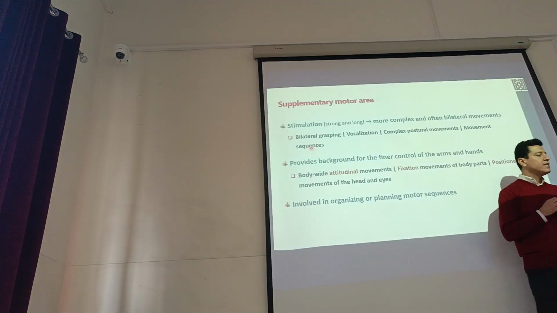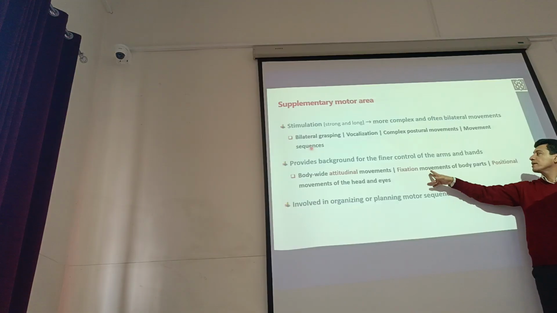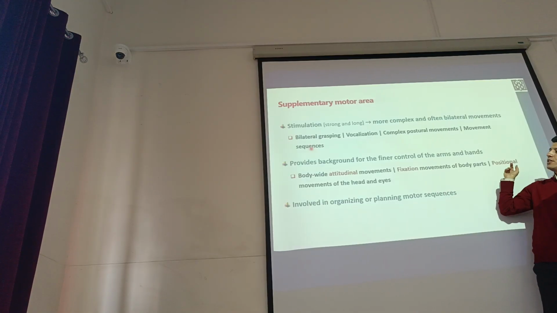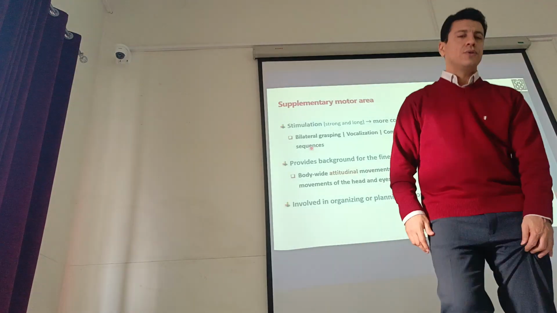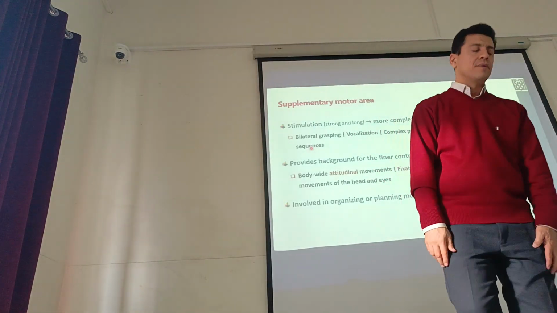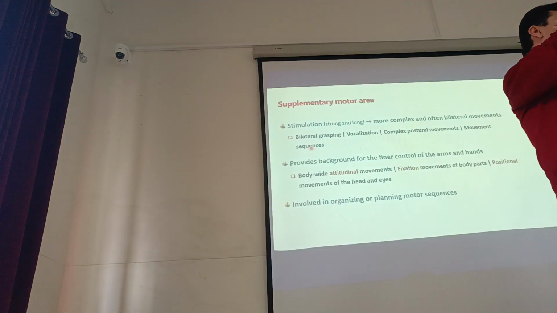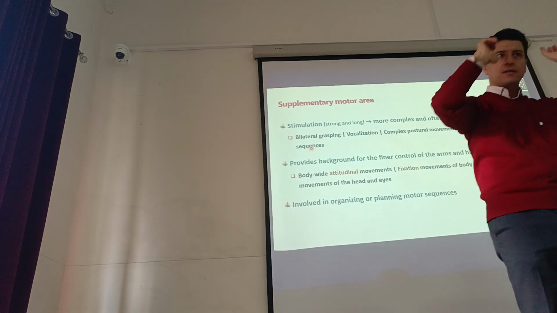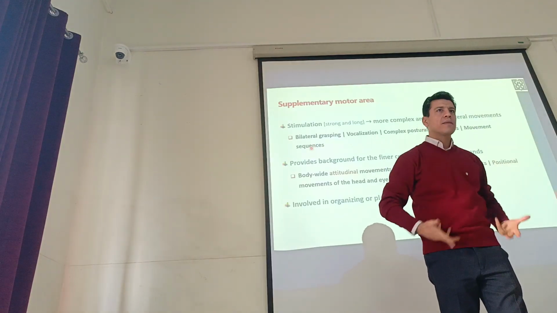Okay, body-wide attitudinal movement, fixation movements, positional movements of head and eyes. For example, you want to hit a basketball into the basket, right? So you need a body-wide movement.